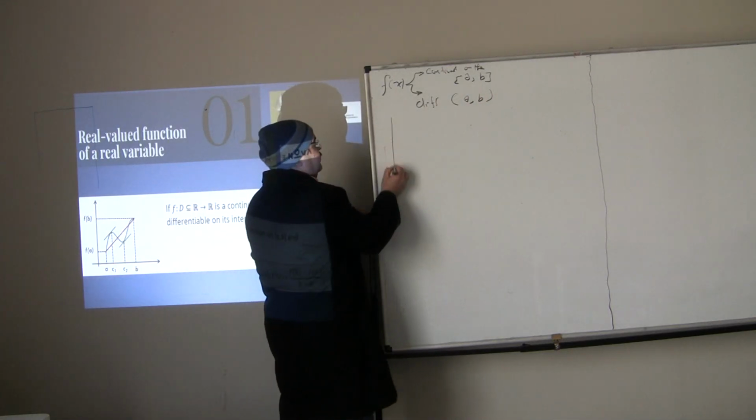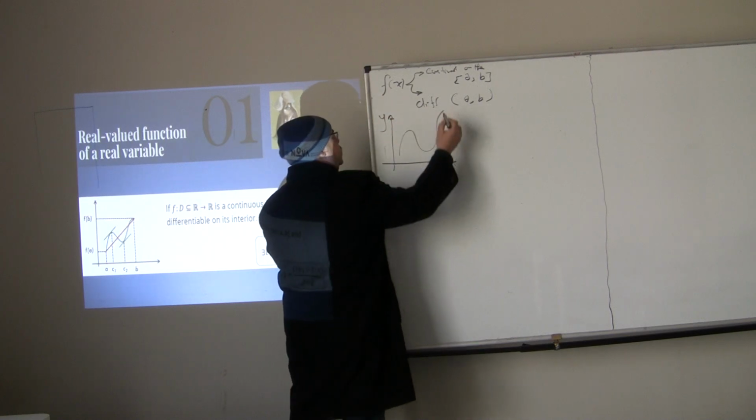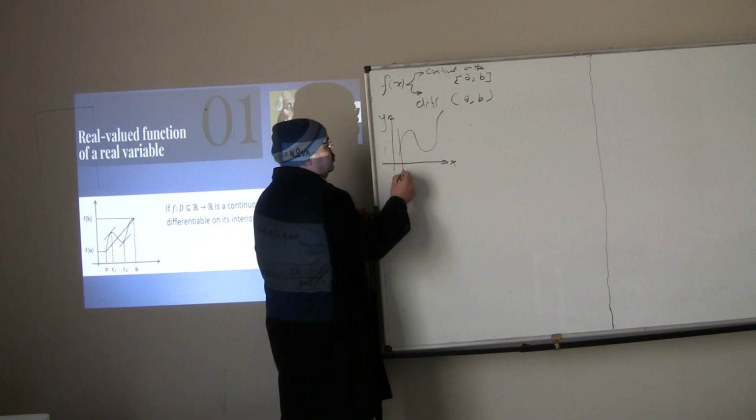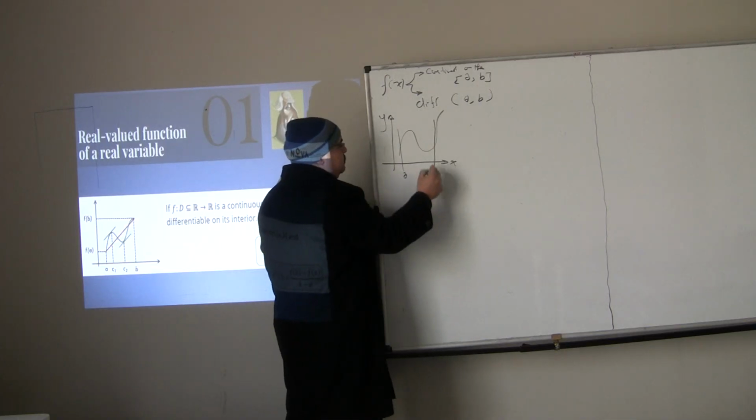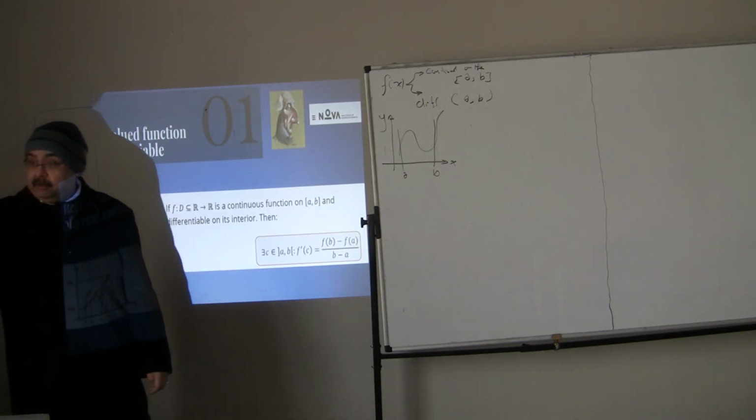So if you have the x-axis and y-axis, and your function is like this, for example, and you have an A and B, this is the domain where the function is defined, continuous and differentiable, as I told you.